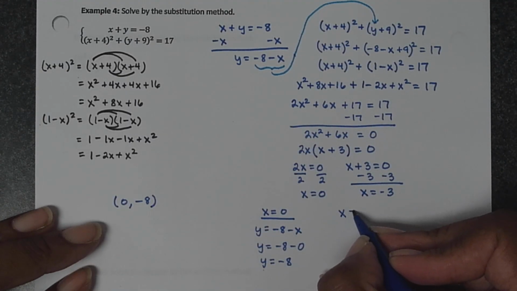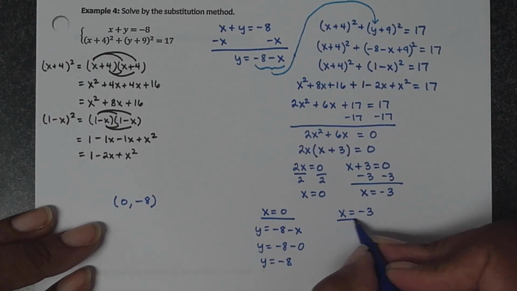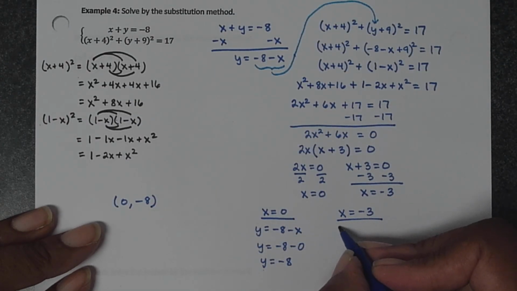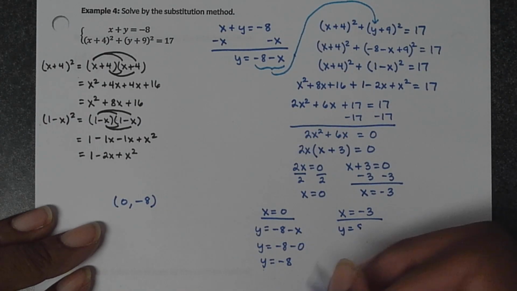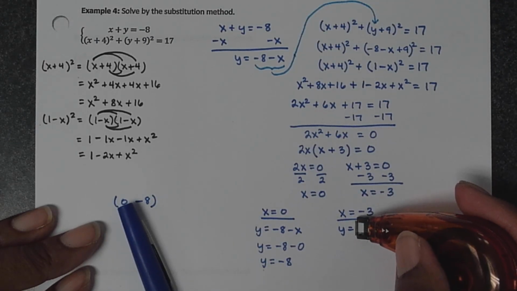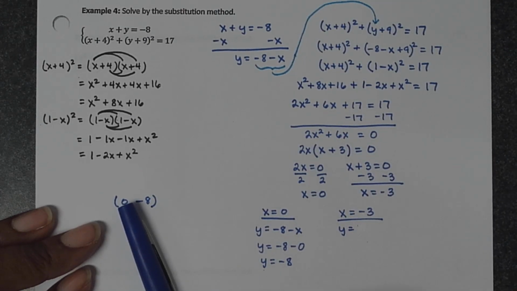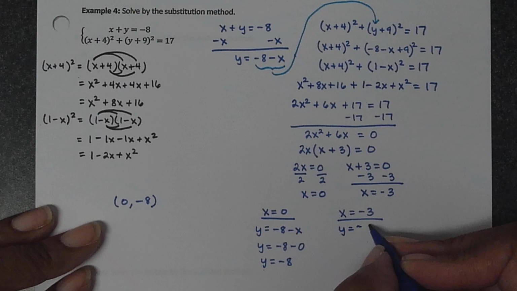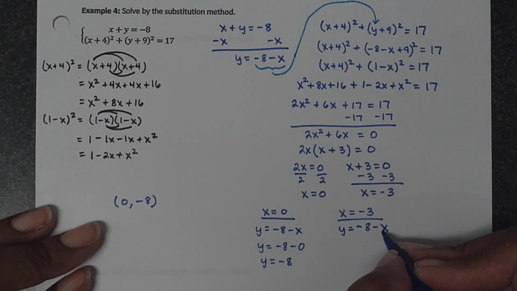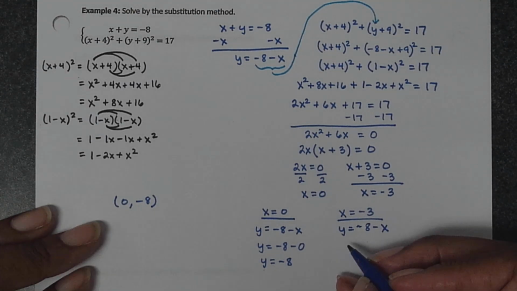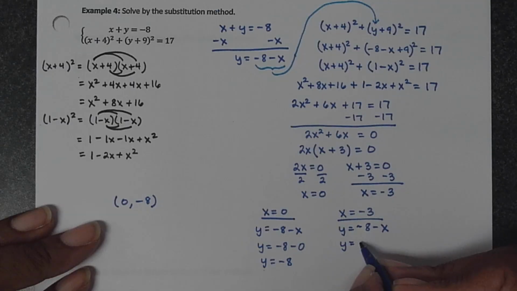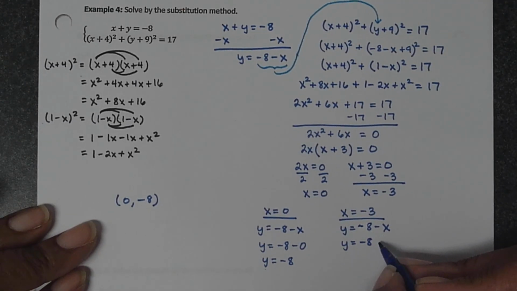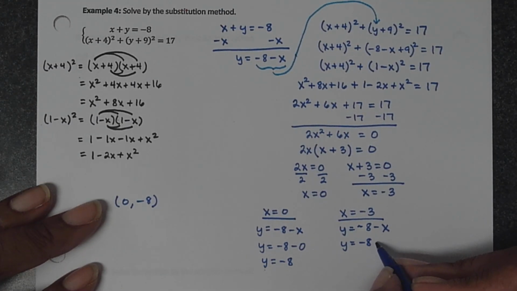Now the other one, x equals negative 3. And I'll still use the y is equal to negative 8 minus x. So in this case here, replace the x with negative 3. I have y equal negative 8 minus a negative 3.